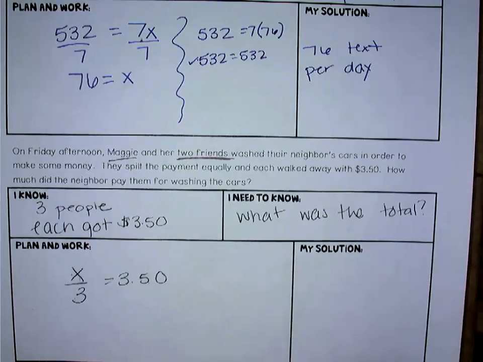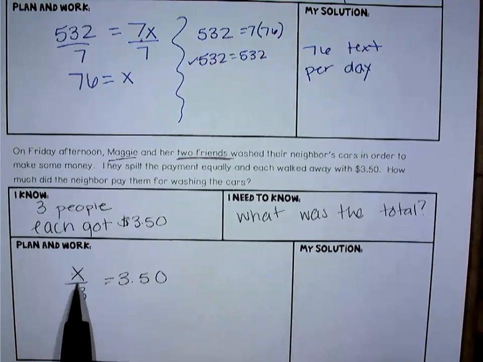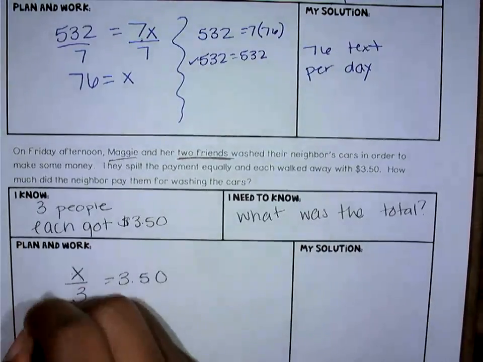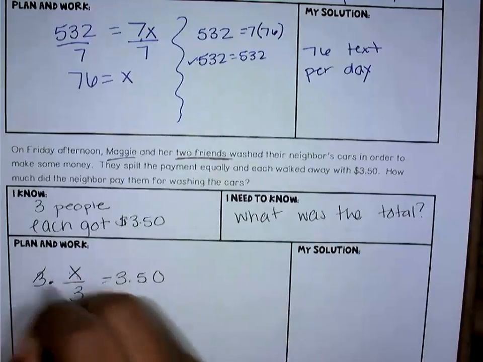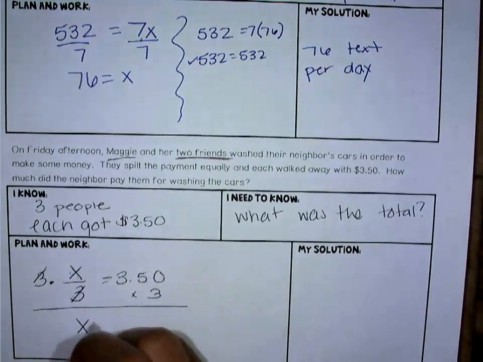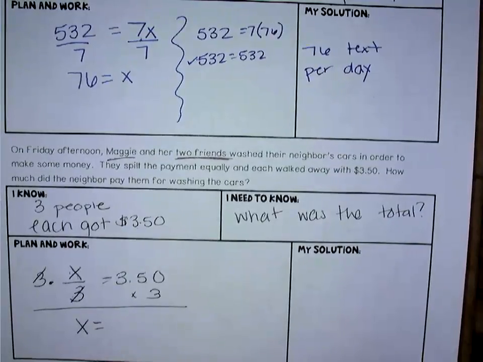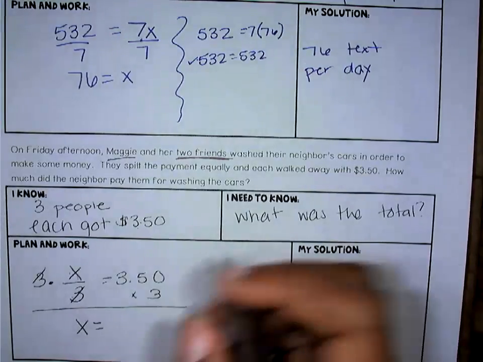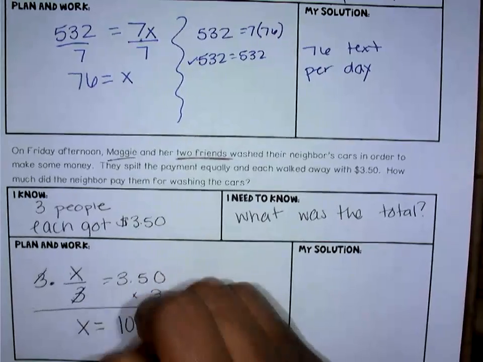So now, same thing, you got to get x by itself. This x over here is being divided by 3. The opposite of dividing is multiplying. They cancel out. So now x is by itself over here. And now when you do 3.50 times 3, you get $10.50.